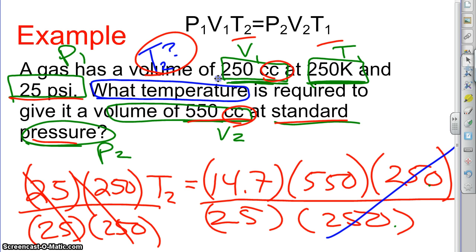So now I can just take 14.7 times 550, and then divide it by 25. I'm finding T2, so what I'm about to find is a temperature. We have T2 is 323. I believe we can only justify 2 sig figs here, so we're going to go 320.